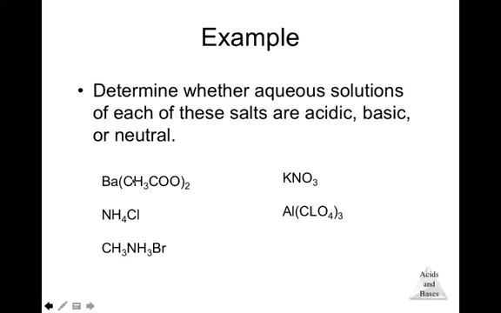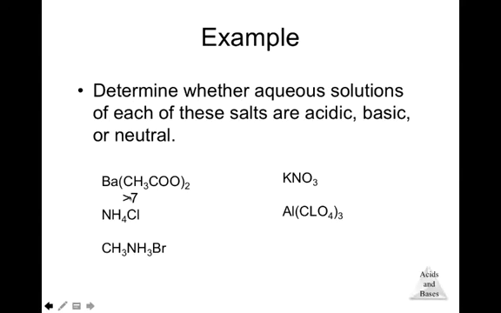You're going to get this CH3COO minus ion, acetate ion, which is a conjugate base of a weak acid, and then you've got barium, right? And that guy is going to be the conjugate of a strong base. So therefore, you've got this guy here, which is going to be a pretty decent base. So this is going to make a solution that is greater than 7, a basic solution.